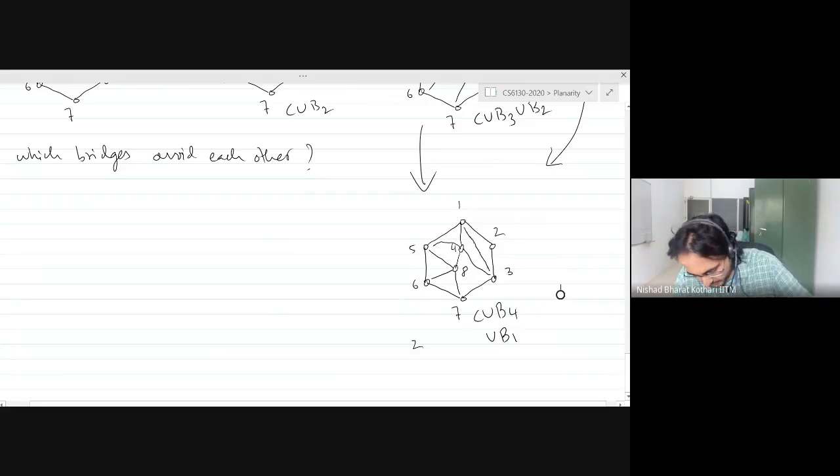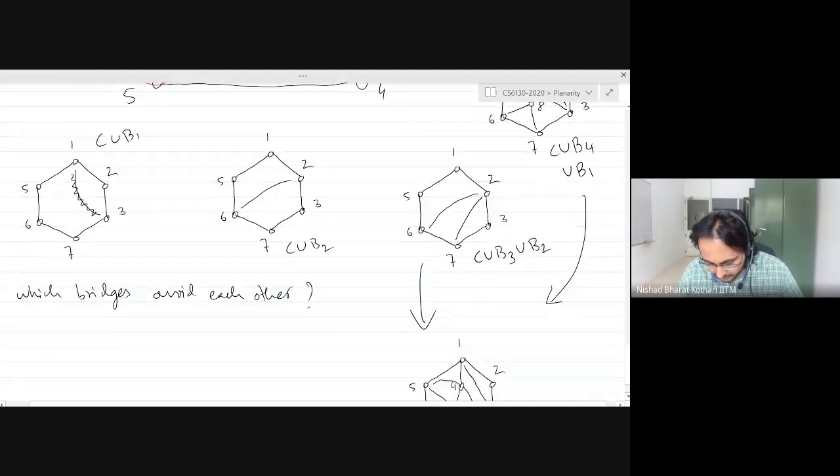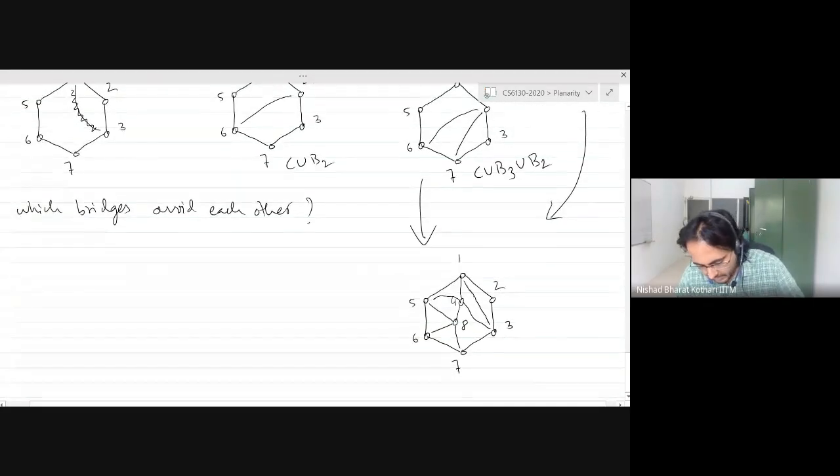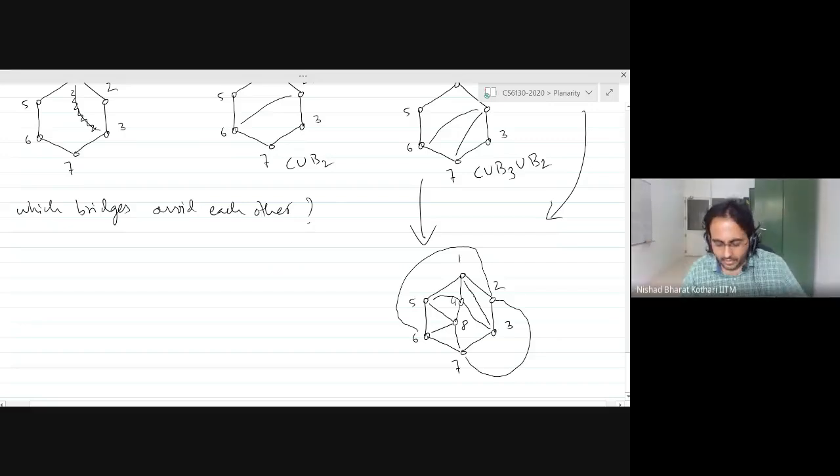And let me erase some unnecessary things. Right. So we took the first drawing, C union B4 union B1, and now we are going to combine with it 2, 6 and 2, 7. But rather than drawing them inside, we can just put them outside, because inside and outside is really not different. Okay? And so now you have a planar drawing of the whole graph.